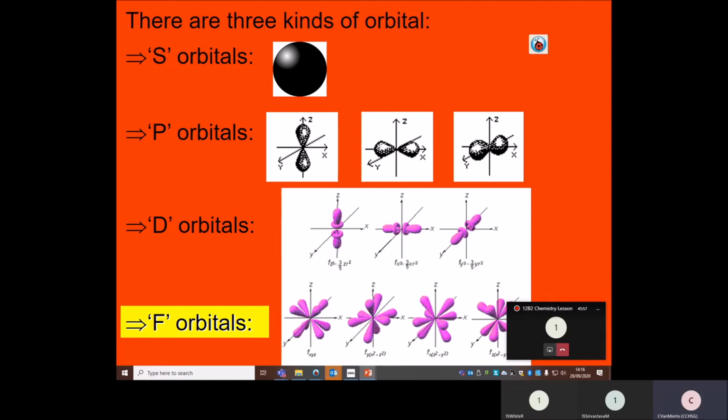Now, the number of these correlates with your periodic table, and you can find chunks of the periodic table that will correspond with the number of orbitals you've got. So if you have a look at group 1 and 2, we often call that area of the periodic table S block, and all the outermost electrons in group 1 and 2 will have their electrons in an s orbital, because all orbitals can contain 2 electrons.